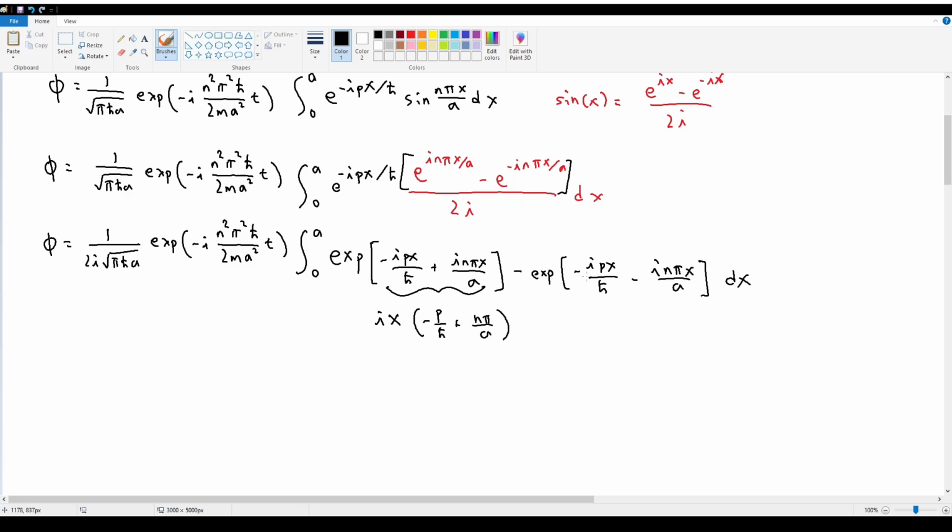Similarly here, this has a term negative i and x multiplied by p over h bar plus n pi over a. Is that correct? Yes. Okay, now let's write that out fully. So now we know phi is equal to, and then let's copy this whole thing over again.